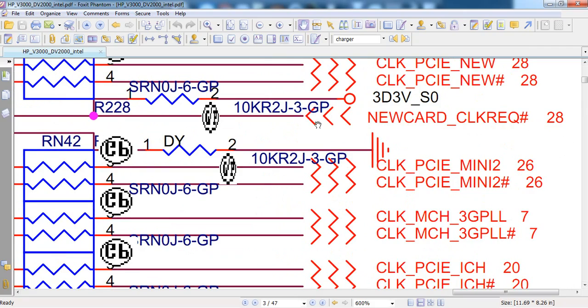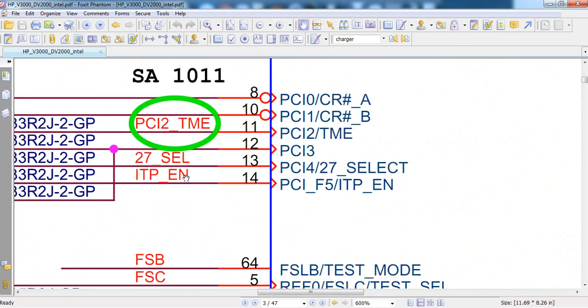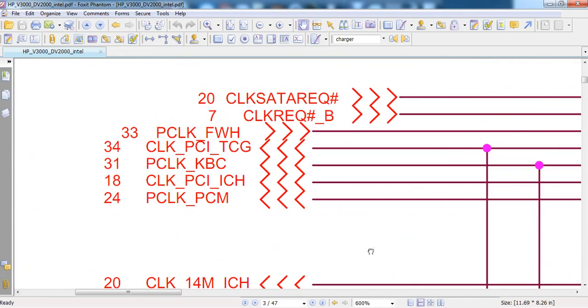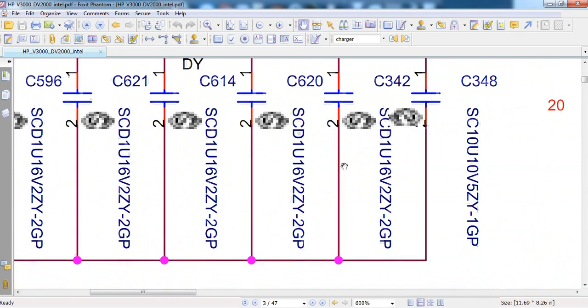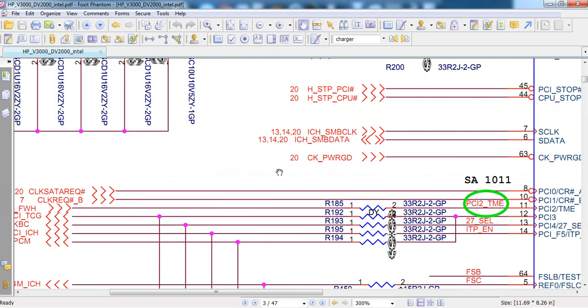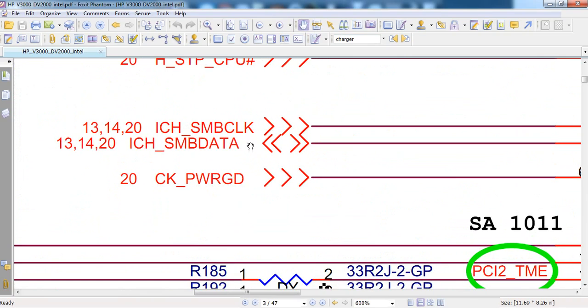These are the output signals. And these are all two-way signals.